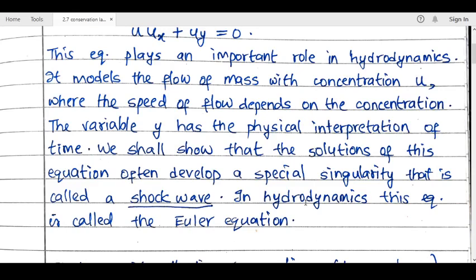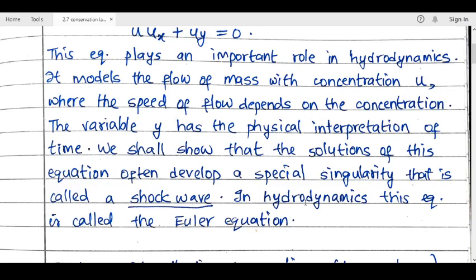Now, what are these shock waves? How to deal with such cases where the solution is not smooth? There will be discontinuities in the solution and some shock waves will develop. So how to extend our problem in such cases, that we will deal with here.